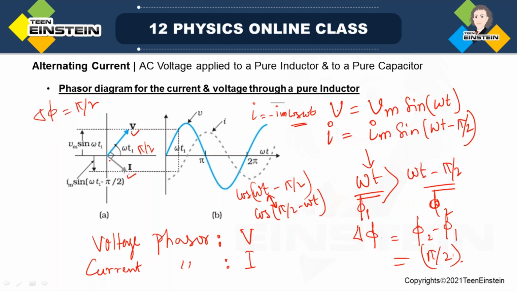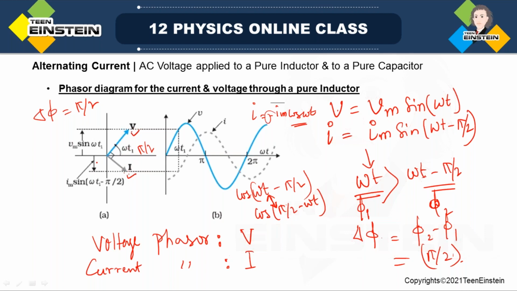So this is the omega t. That's how you have to draw it this way, so that you get the minus sign as well. That's why this current phasor is in the fourth quadrant, whereas your voltage phasor is in the first quadrant. So which one is ahead? Voltage phasor is ahead of your current phasor.